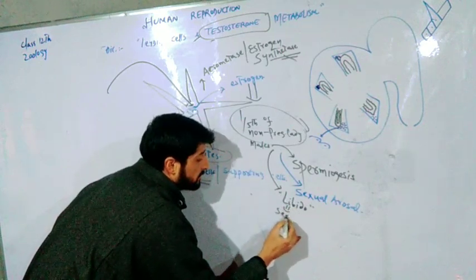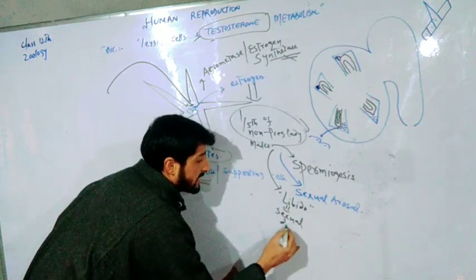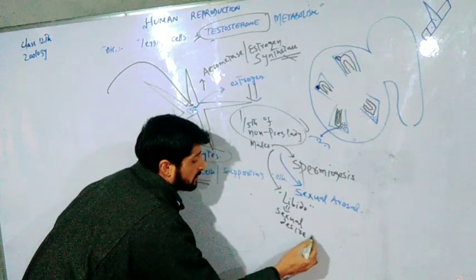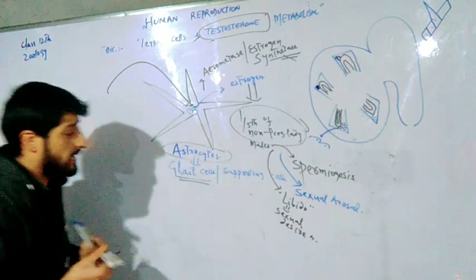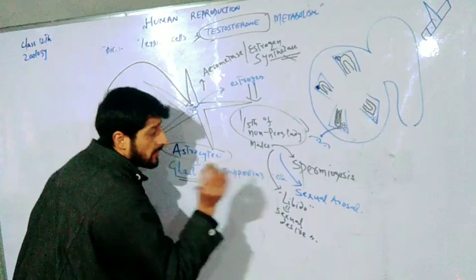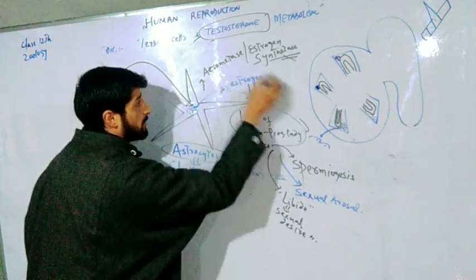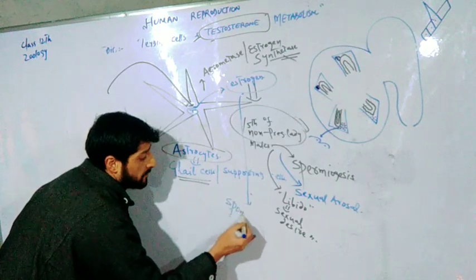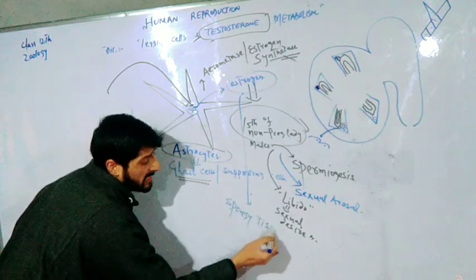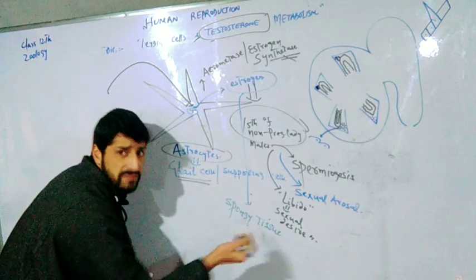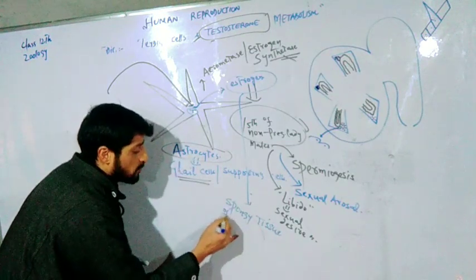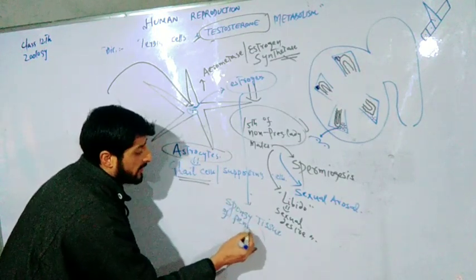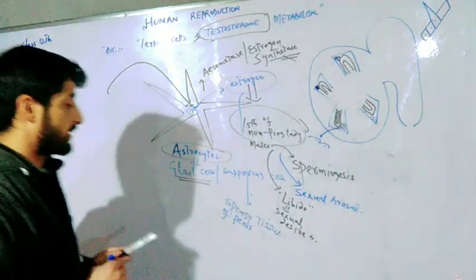That means sexual desire. Estrogen receptors are also present in the spongy tissue of the penis. We will study it later, but right now you just memorize the facts. Spongy tissue of penis also contains estrogen receptors.